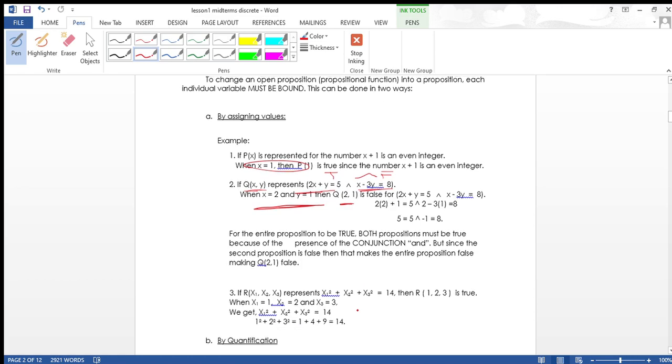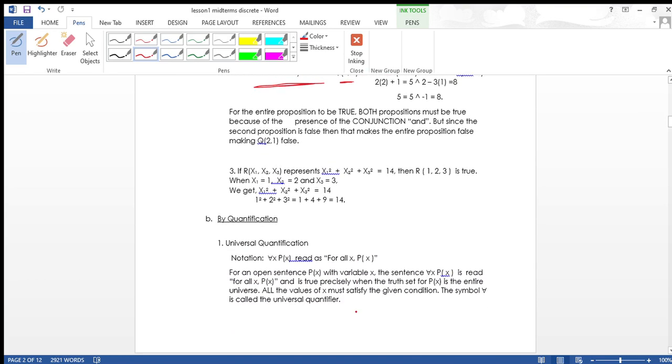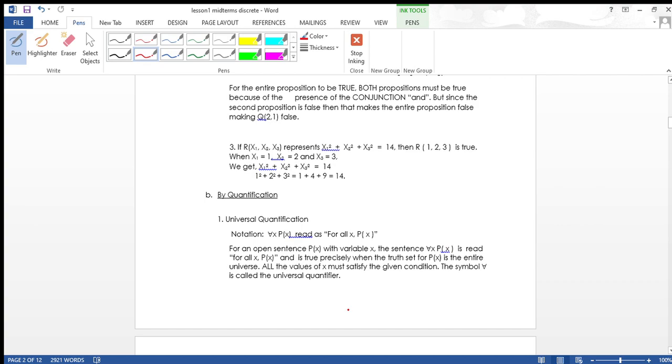Next, the third example. If r of x1, x2, x3 represents x1 squared plus x2 squared plus x3 squared equals 14, then if we now assign our values for x1, x2, and x3 as 1, 2, and 3 respectively, then our proposition is true. Okay, so why will that be true?